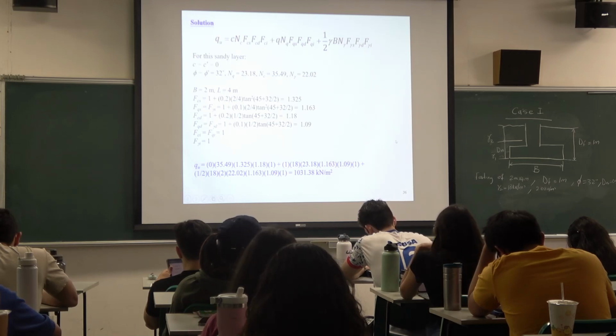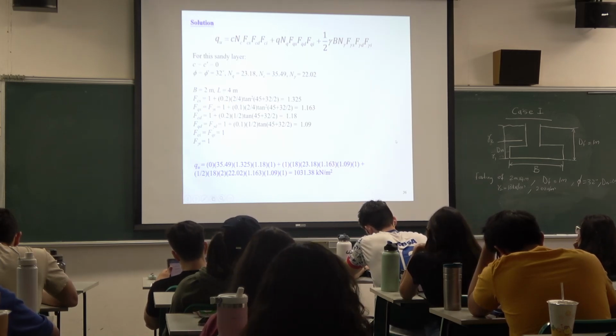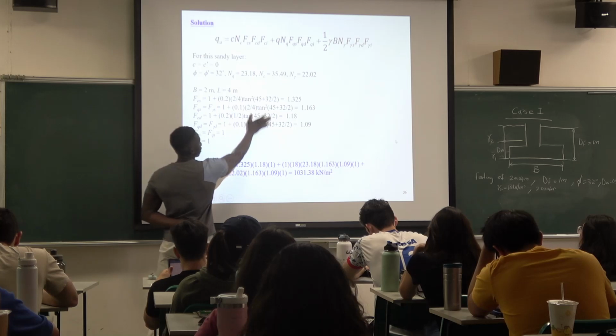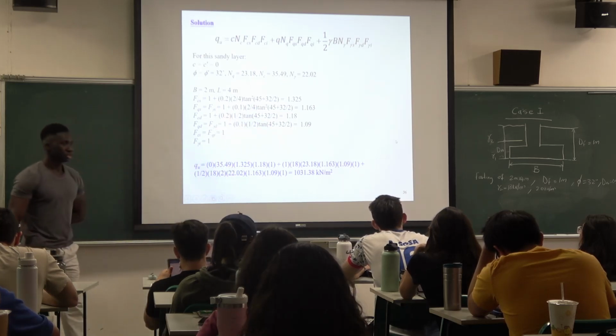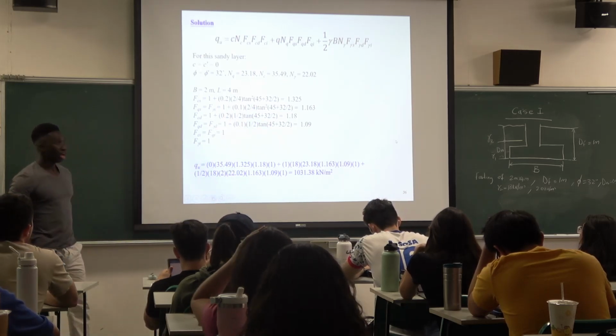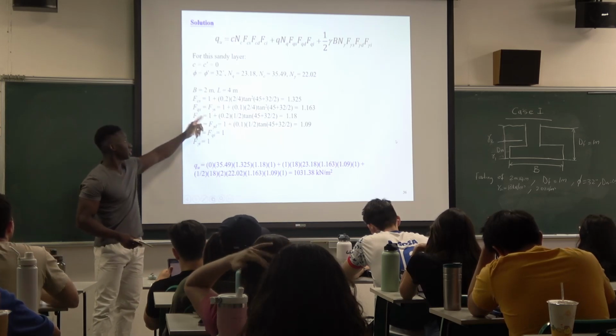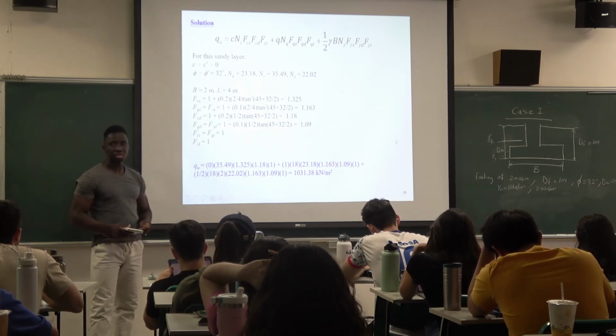And then we can find the shape factors, the depth factors, and the inclination factors. Even with the presence of the groundwater, you will realize that this process still remains the same. How you evaluate this, nothing changes.